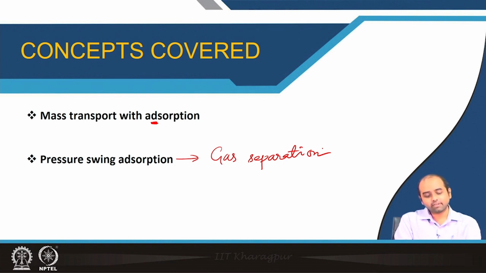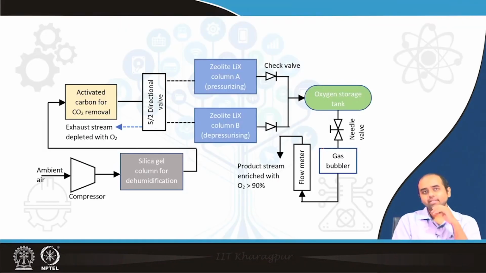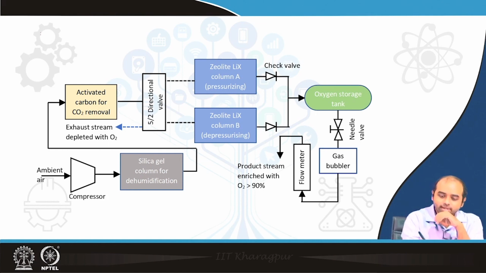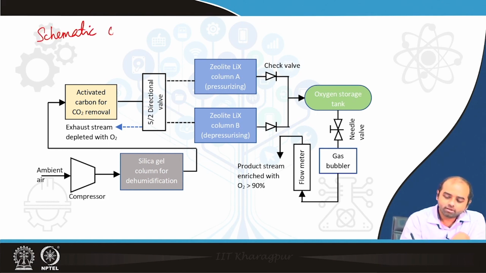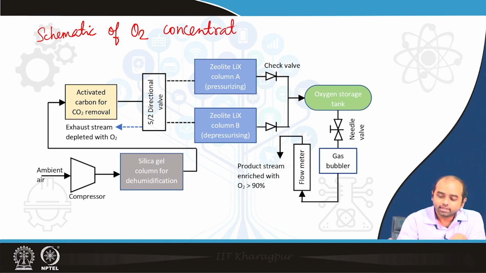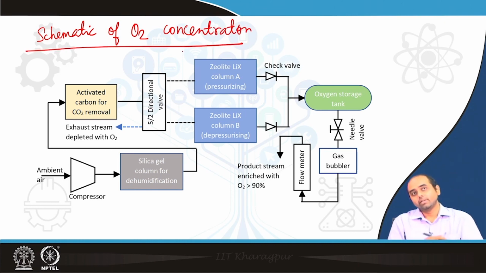Now, with this idea of the pressure swing, here is a schematic of an O2 concentrator. In fact, this can be used for medical grade production of oxygen. This is the O2 concentrator. These are the two adsorption columns.